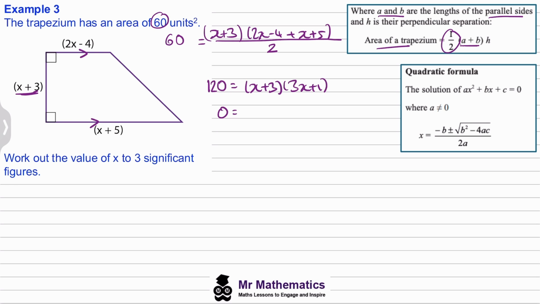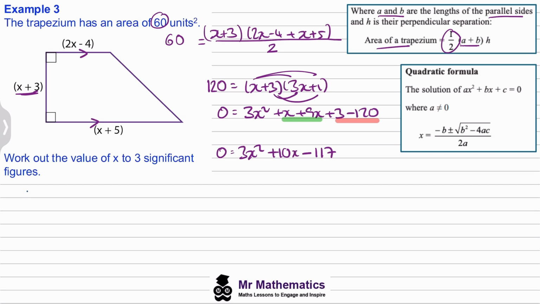So 0 will be 3x squared plus x plus 9x plus 3 minus 120. We can collect these two terms together and the constants. So 0 will be 3x squared plus 10x minus 117.